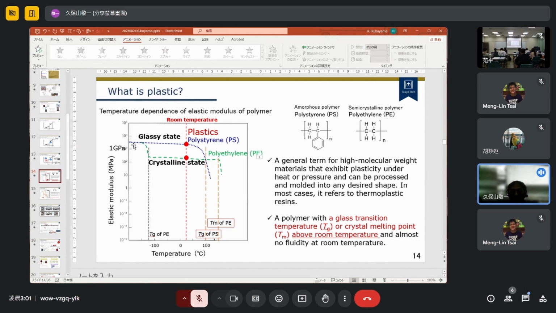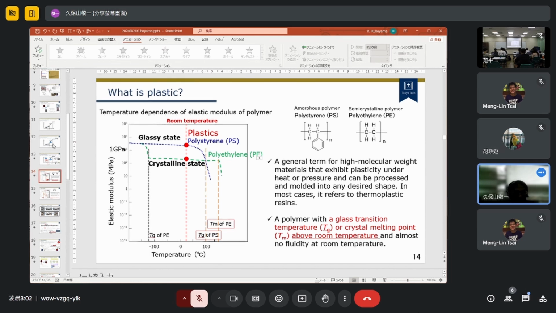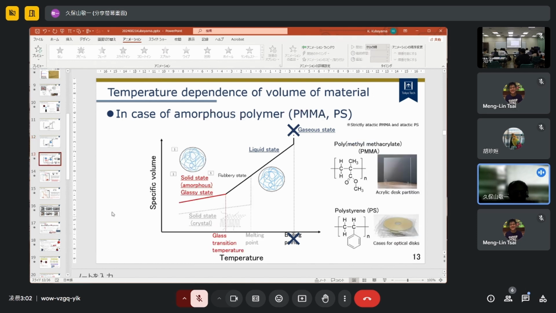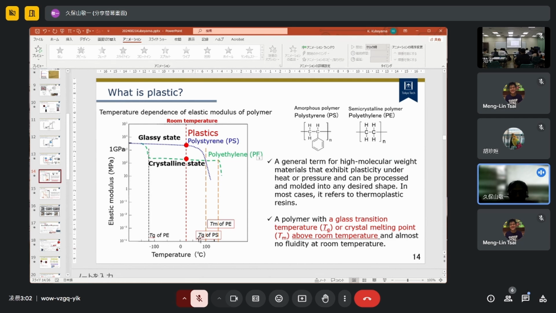So at the lower temperature, this one is a glassy state, and this is the glass transition temperature. The glass transition temperature of polystyrene is about 100 degrees Celsius.